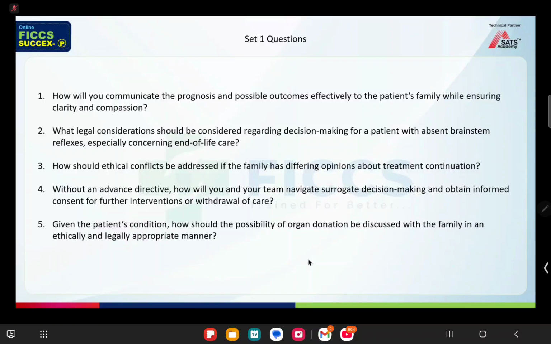He may not recover from this situation, and we could think ahead to end of life care, that we make him as comfortable as possible and not go for any invasive procedures, because that is all going to be a futile effort to save his life now. And we can even think of organ donation.